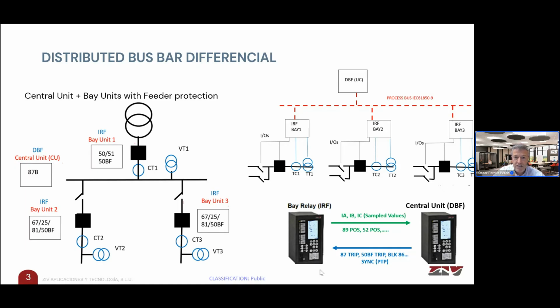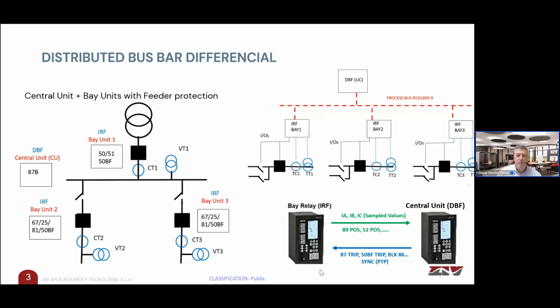You can see the red diagrams showing how the central unit and the bay units are all interconnected in this same bus, exchanging certain relevant information. For example, I am showing on the bottom side the bay unit, IRF, and the central unit, DBF.